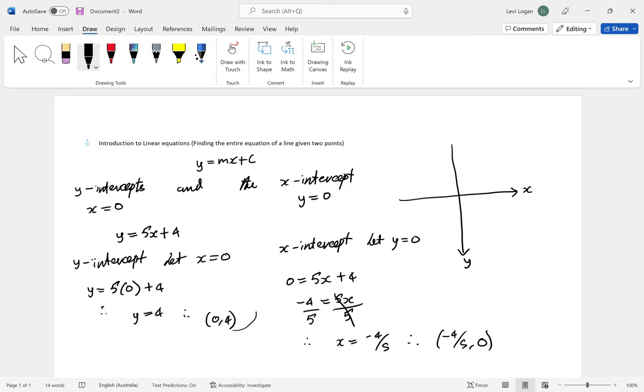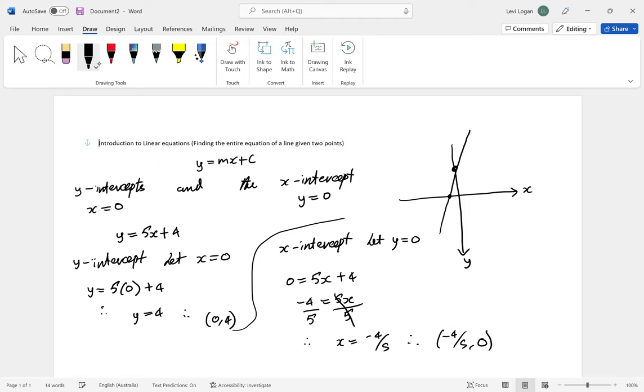Now let's dot these points on our axis. So (0, 4) is up here, and negative 4 over 5 is somewhere here because it's less than negative 1. So now you just connect the dots really. That is a terrible straight line.